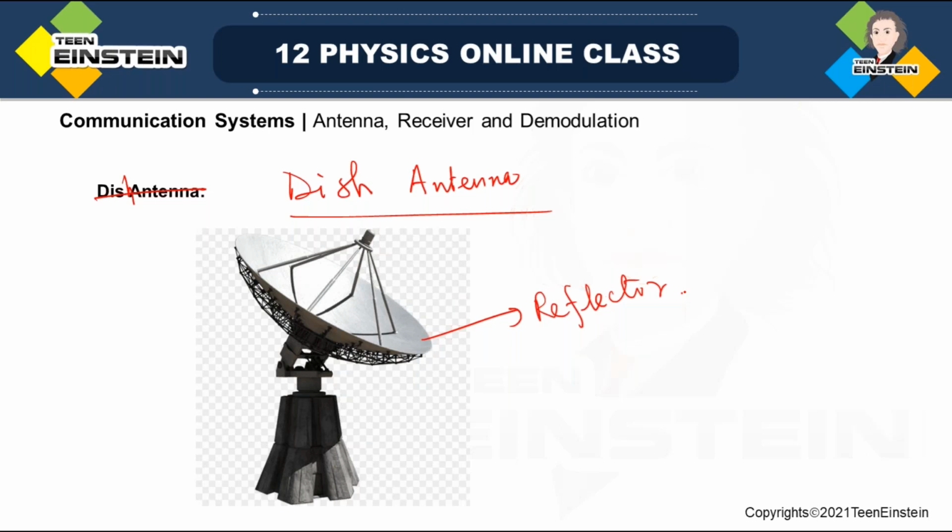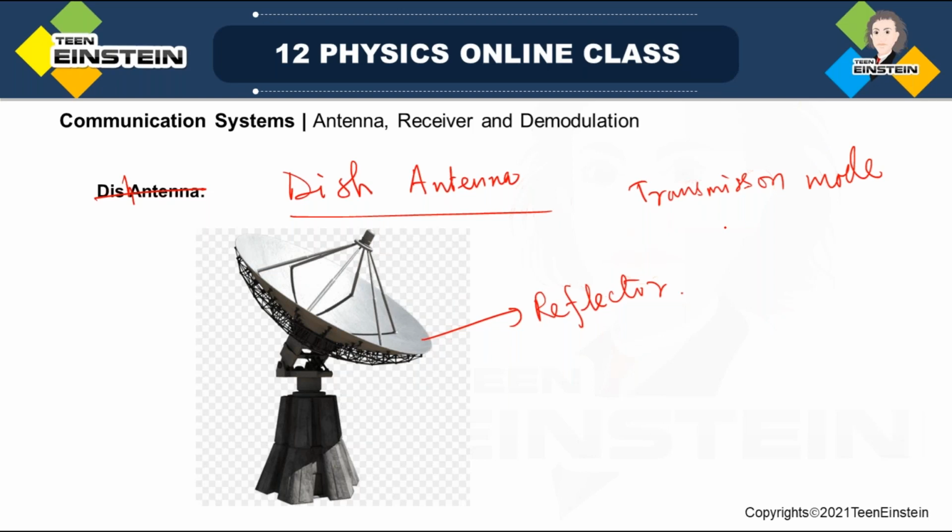The dish antenna can be used in two modes, transmission mode and receiving mode. Both ways it can be used.